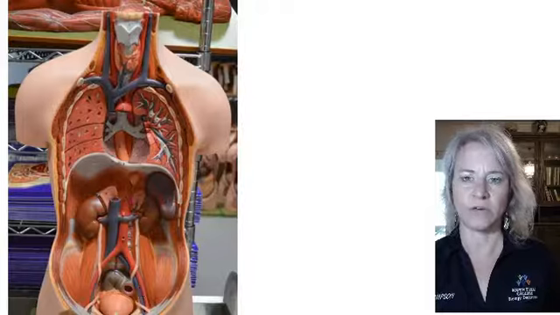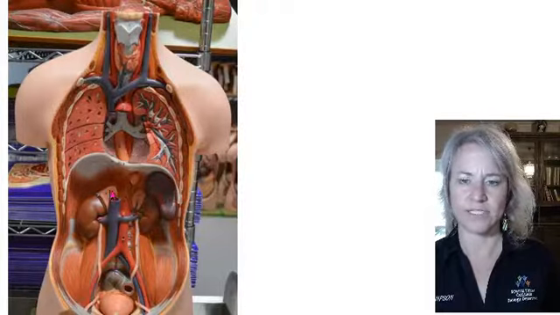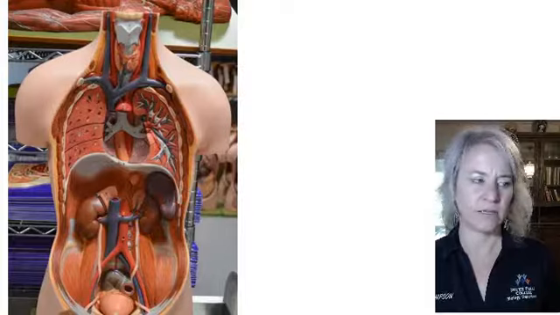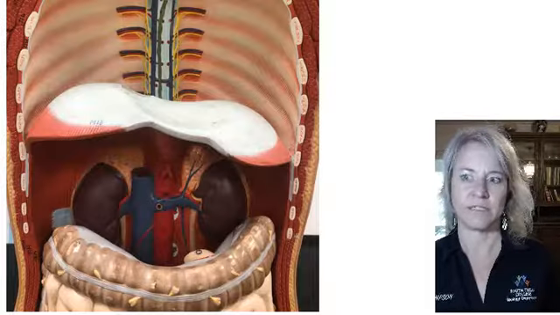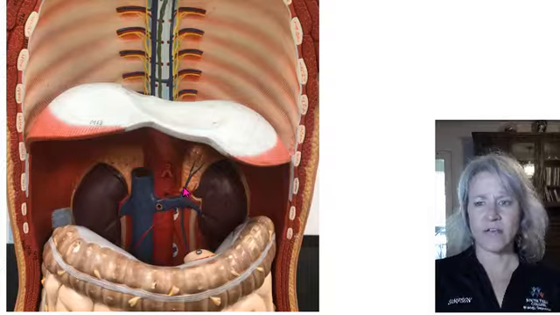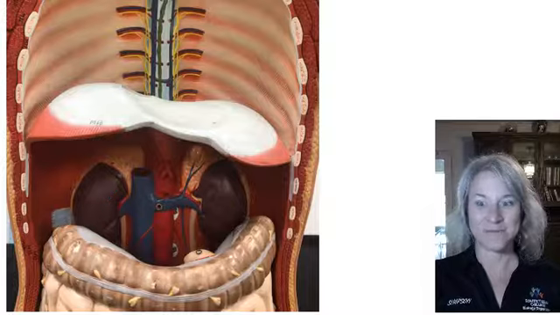This is another model that we have, a torso model, and there are those adrenal glands sitting on top of the kidneys. I have a lot of torso models and models of the adrenal glands sitting on top of the kidneys. I love it.